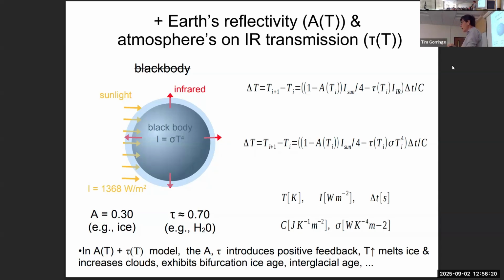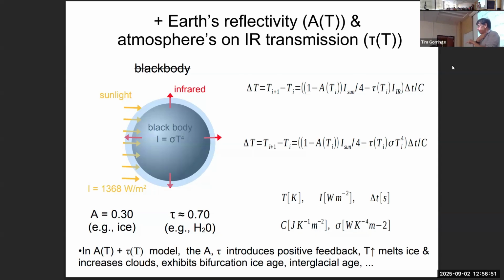And so if the Earth's temperature goes up, the reflectivity goes down, we're going to absorb even more energy. And so that's a positive feedback that will take us away from equilibrium. That's a very interesting effect that happens because ice will melt with increasing temperature. That's not negative feedback pushing us towards the equilibrium. That's positive feedback.